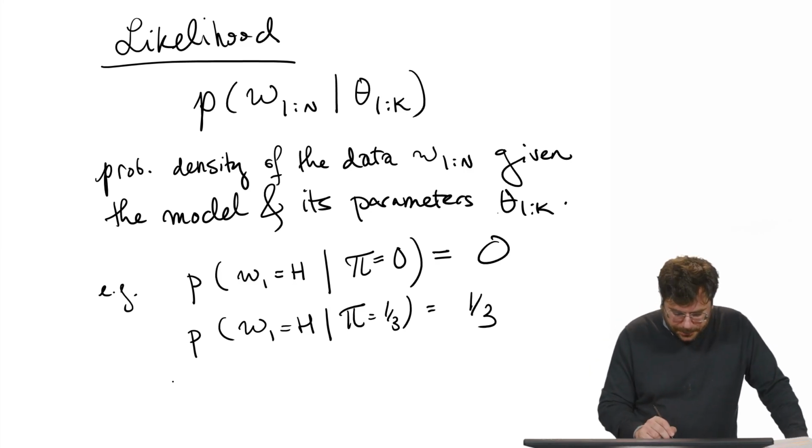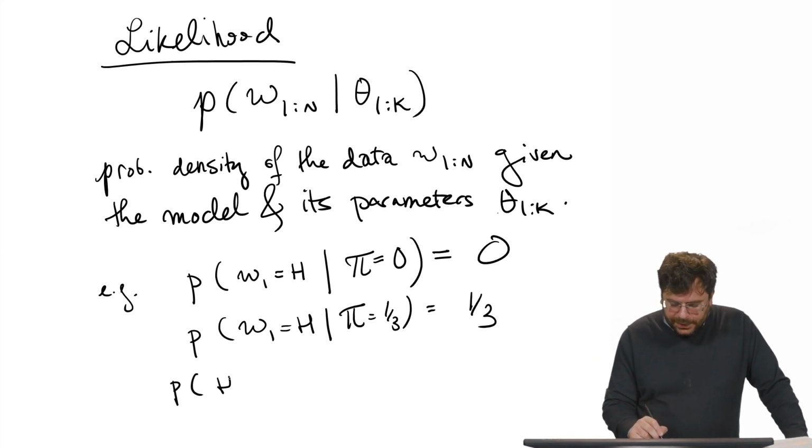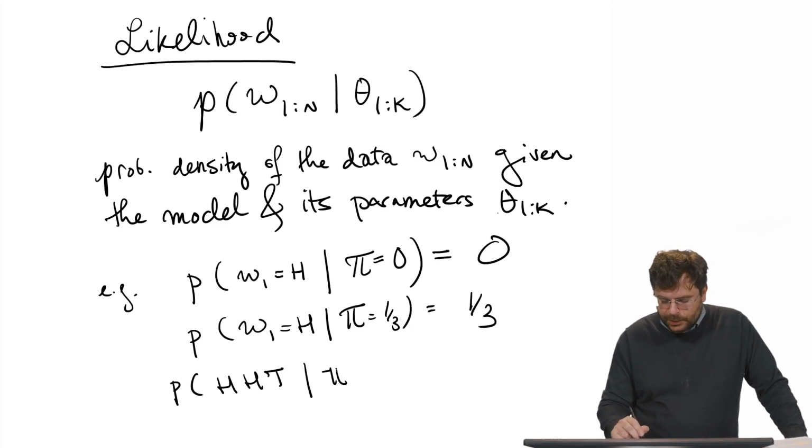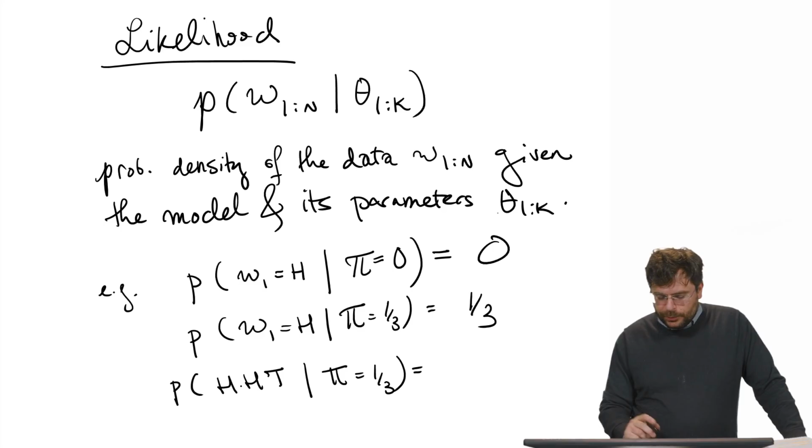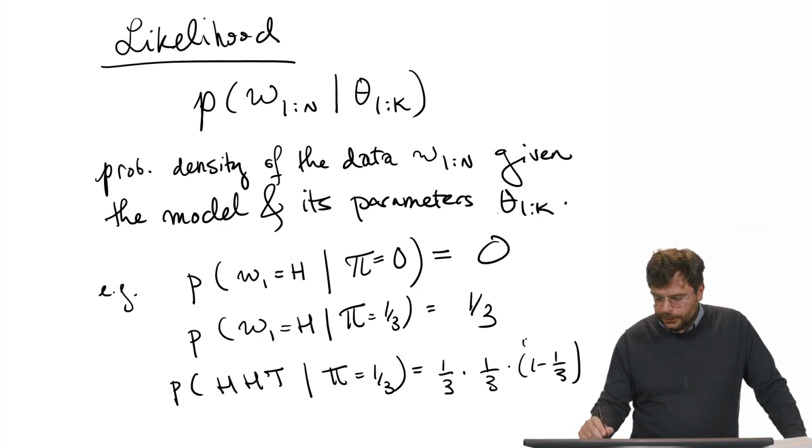Okay. What is the probability, now let's make it a little bit more complicated, of flipping heads, heads, tails, given that the probability of heads is 1/3? Now this becomes a more interesting problem. This will be the probability of heads, so that's 1/3 times 1/3 times 1 minus 1/3, which is 2/3.